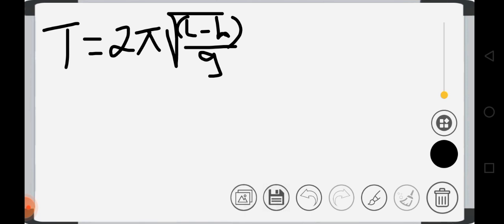Over G. Now, if I want to plot t square against h, what will be the slope of the graph and what will be the intercept of this graph? So look at how it's done.